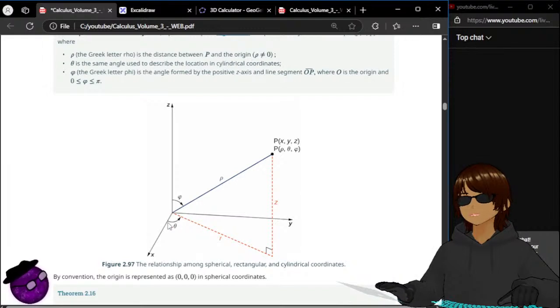So now we have two angles, one from the x-axis, the other one from the z-axis. I thought the other angle is from the xy plane. So we have rho, theta, phi. Rho is the distance. r is the bottom one. z is this one.